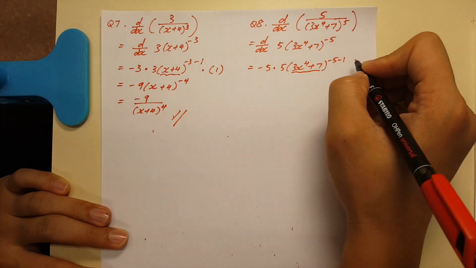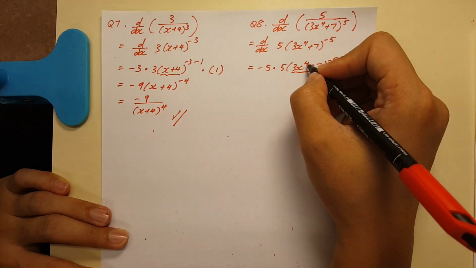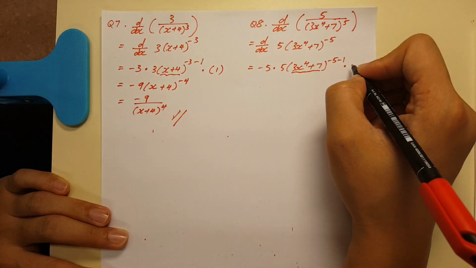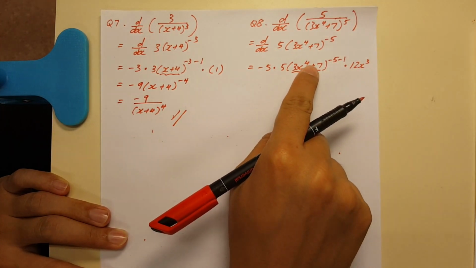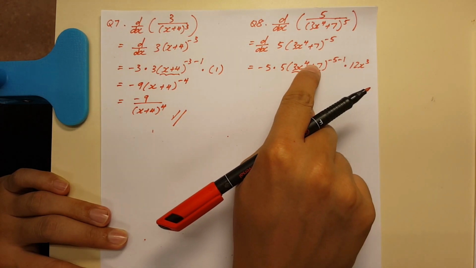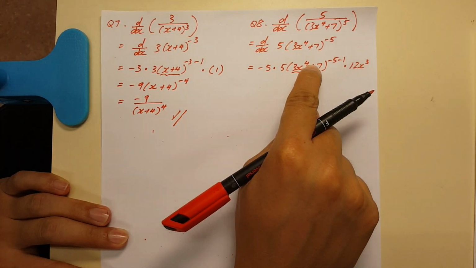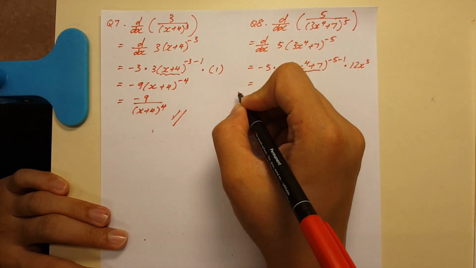So let's see. If I'm going to differentiate this term inside, I'm going to get basically 12x to the power of 3. I hope you're able to see it, because bring down power 4 becomes 4 times 3x to the power of 4 minus 1, right? So it becomes x cubed. Let me just tidy everything.